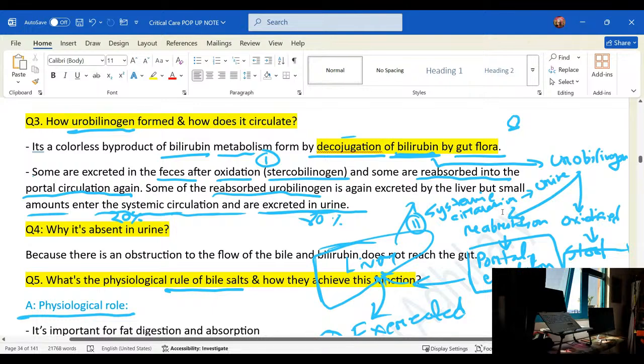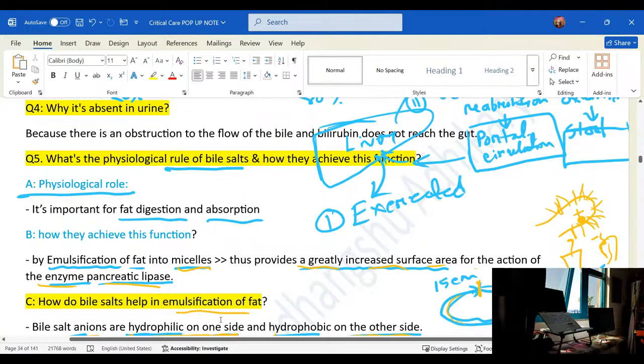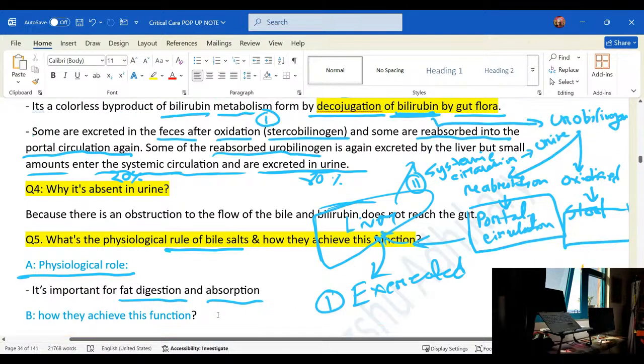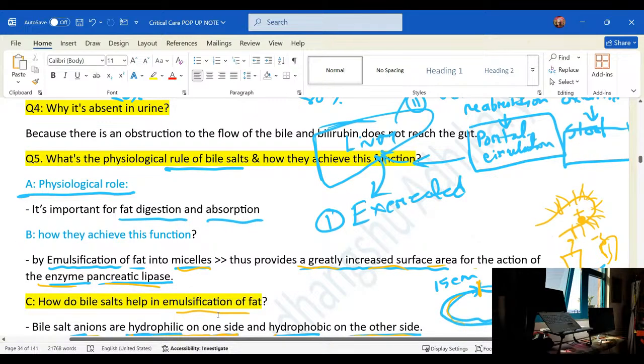It is absent in urine because of the obstruction of the flow of bile, and the bilirubin does not reach the gut.